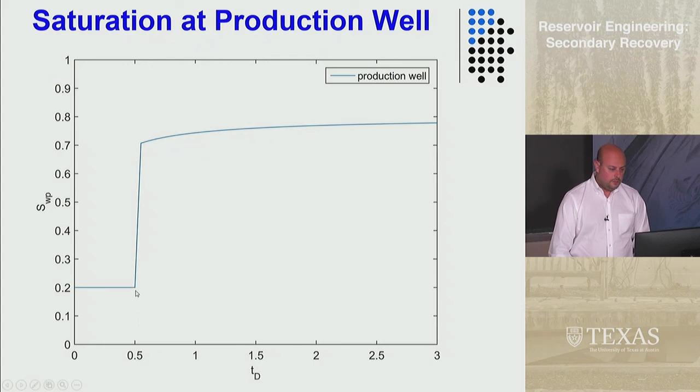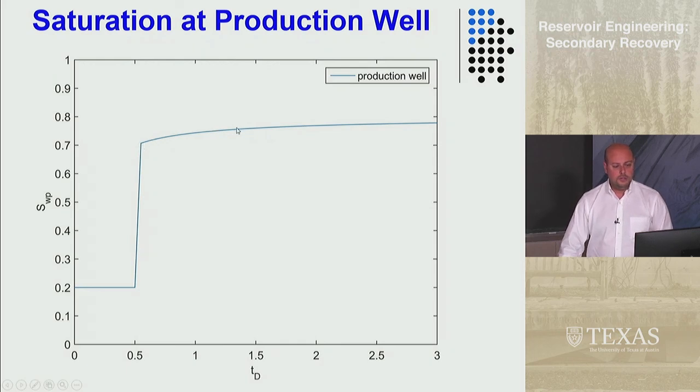At breakthrough, which is right here at about 0.55 pore volumes injected, you see a huge increase in water saturation. It'll immediately go up to SWF, the front saturation, and then it'll slowly increase beyond that. Okay, so the water saturation will continue to increase and eventually get to 1 minus SOR.